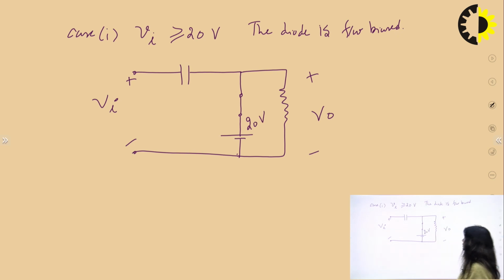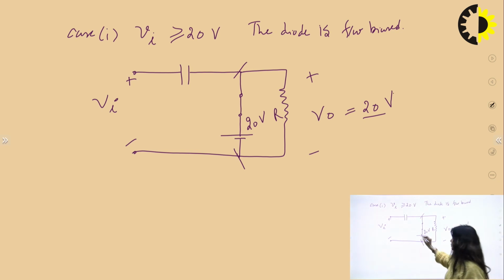Now this Vo is the voltage across these 2 points, and when the input voltage is beyond 20, the voltage across this resistance R is nothing but 20 volts.